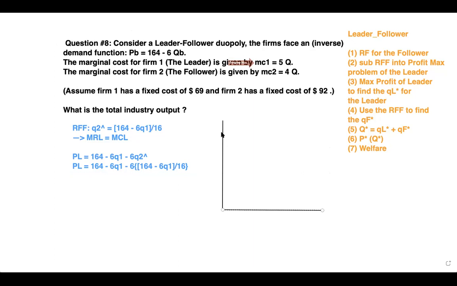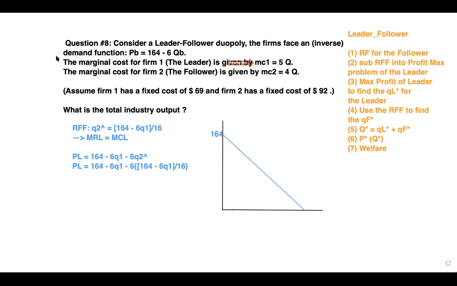So like in this case, it would be an industry level demand curve, which is here at 164.